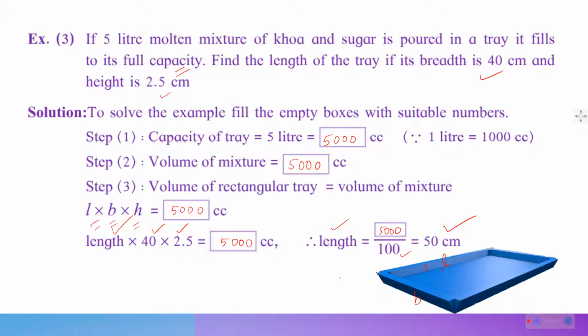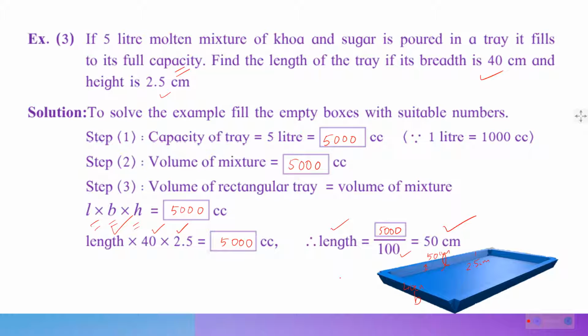A very real life practical situation. So this tray is of length 50 centimeter, breadth which is given as 40 centimeter, and height which is given as 2.5 centimeter. Okay, we got a clear idea about it.